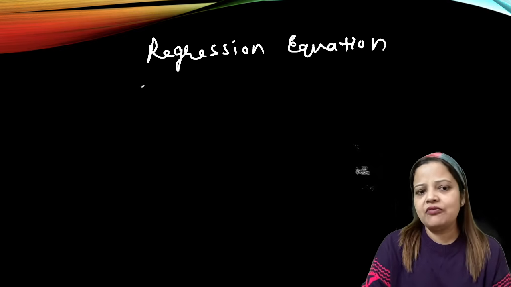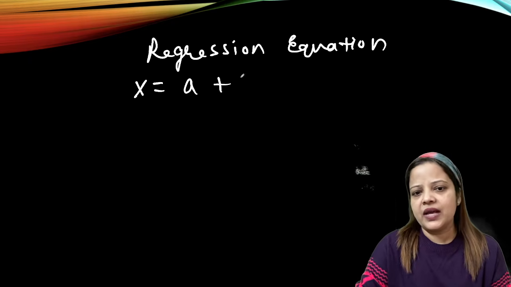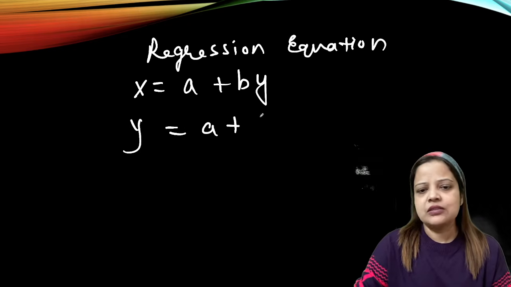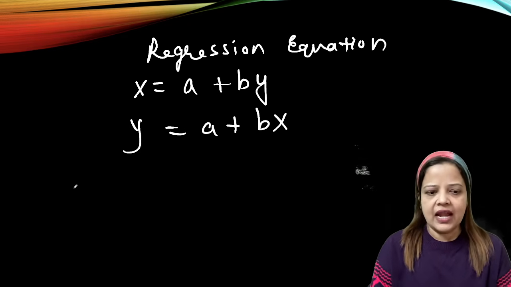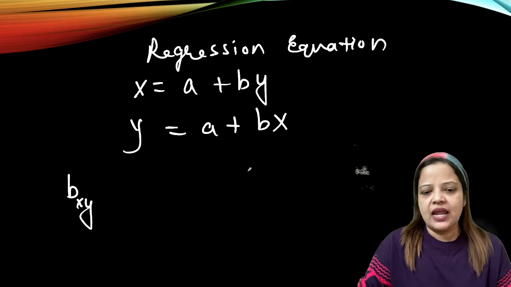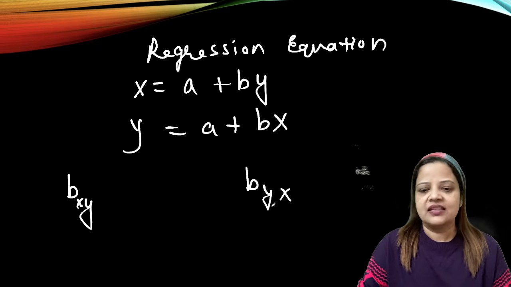We write x is equal to a plus b y, and y is equal to a plus b x. After that, we calculate bxy and byx.